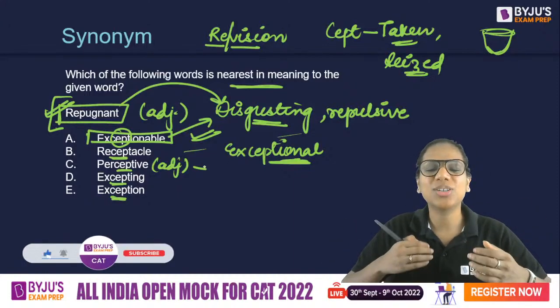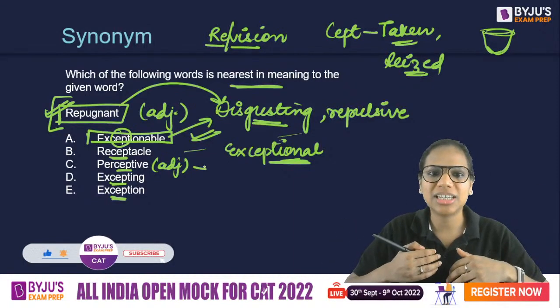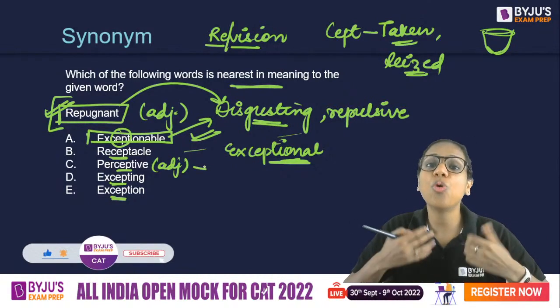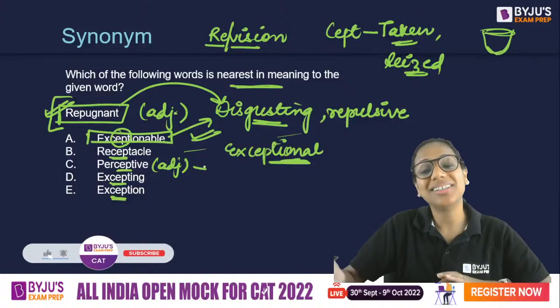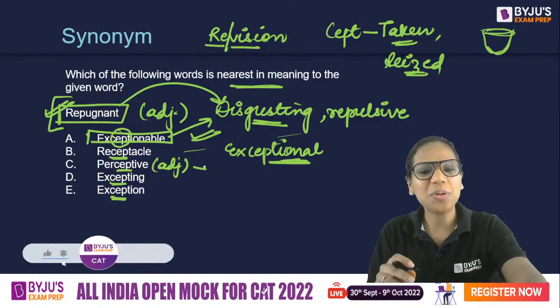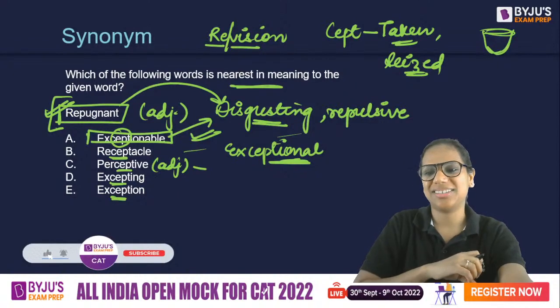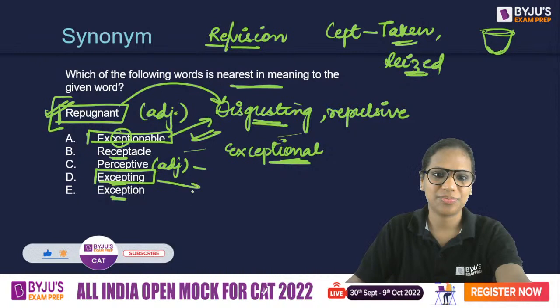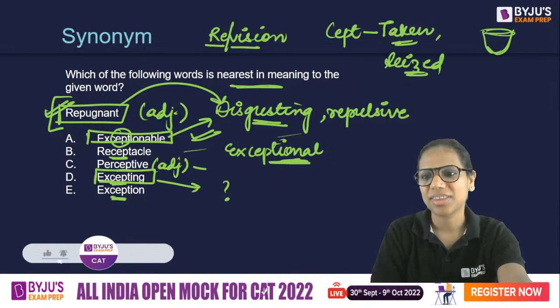Receptive, when you are receptive to others' ideas, again, you are able to understand their ideas and you are open to their ideas. Receptacle, open to holding something, right? What about this word? Accepting. Yes, accepting. All right, tell me.